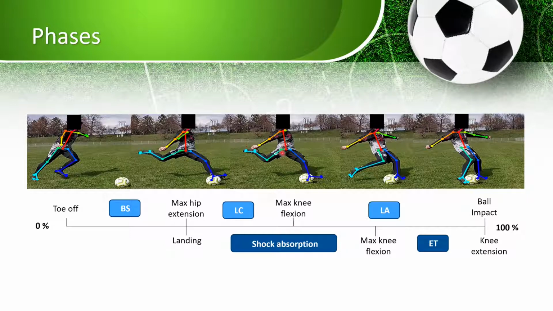Then in the swing leg or kicking leg, what's gonna happen after maximum knee flexion is it's just going forward, towards the ball until the ball impact, and the phase is just called leg acceleration. You accelerate the leg and hit the ball. So as you can already imagine, if you get more time in this phase, you have more potential to accelerate your leg.